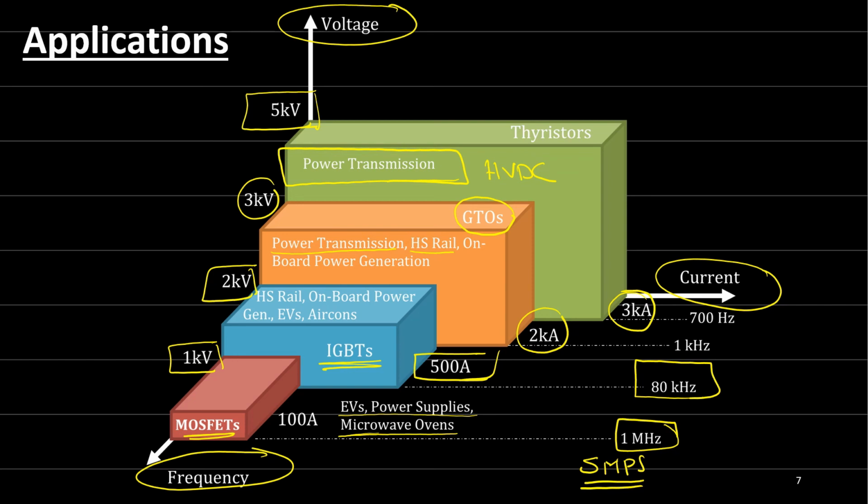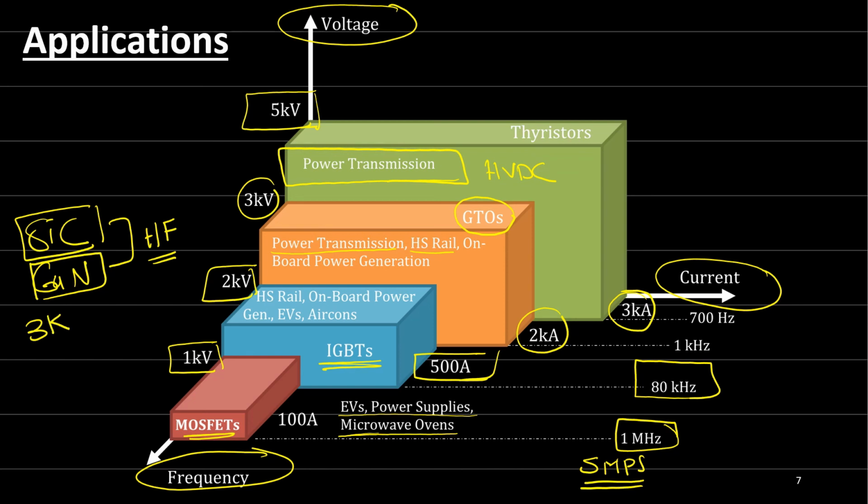You'll find that silicon carbide MOSFETs and gallium nitride devices can operate at higher switching frequency. And also, they can tolerate high voltage and high current levels.